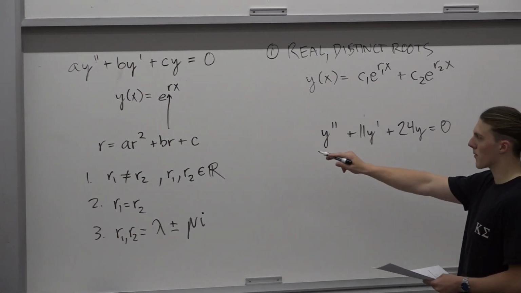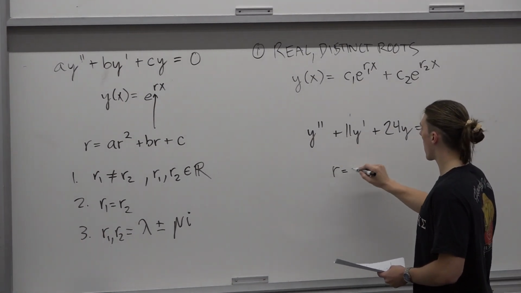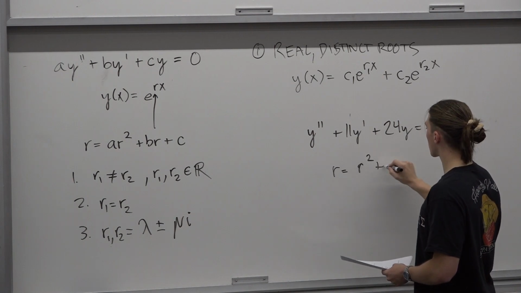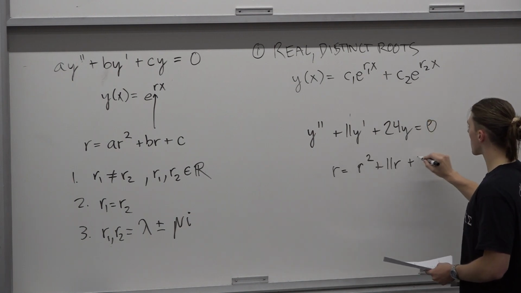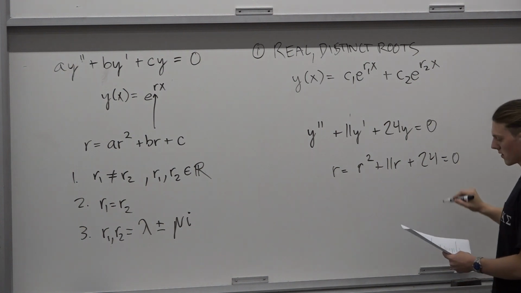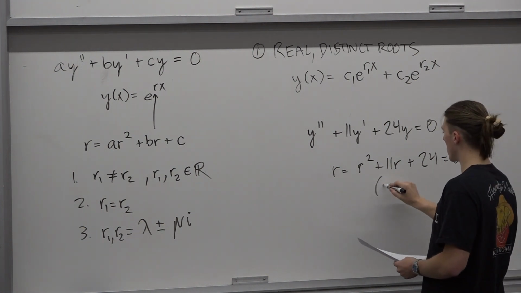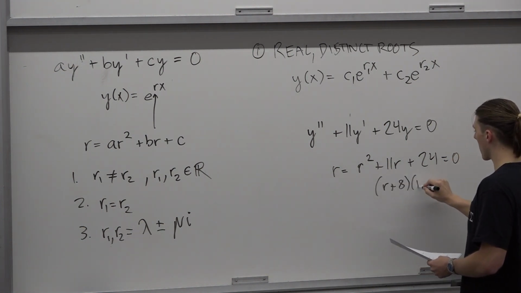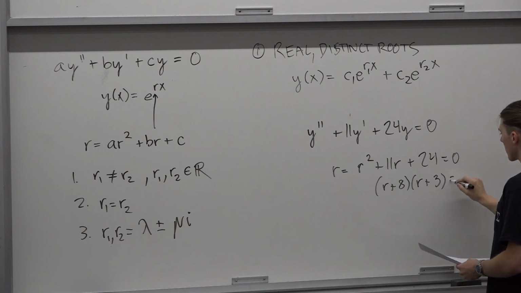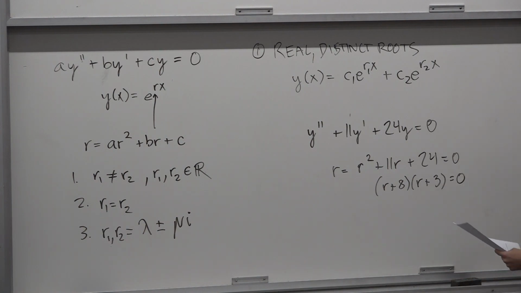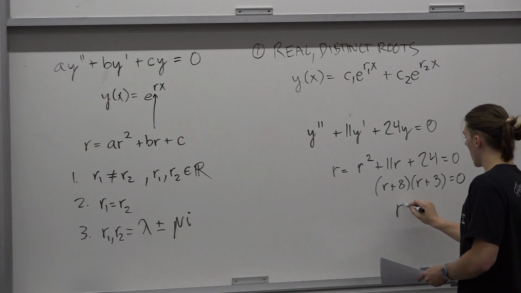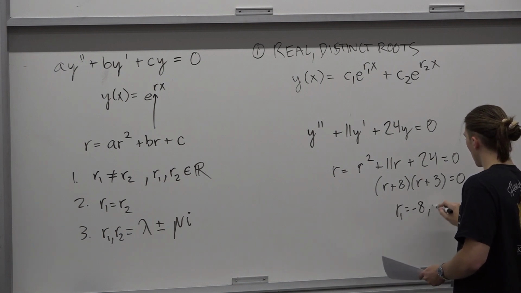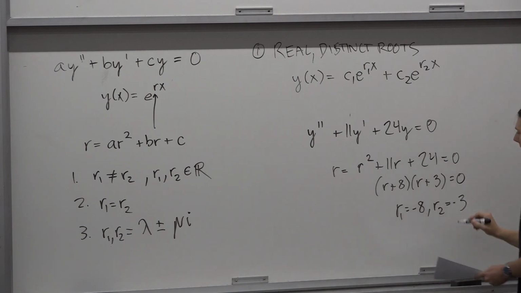We can just go right into solving for that characteristic polynomial. r squared plus 11r plus 24 equals 0. This factors down to 8 and 3, which gives us our r1 and our r2. It doesn't matter which one you put as r1 or r2, you'll get the same solution.